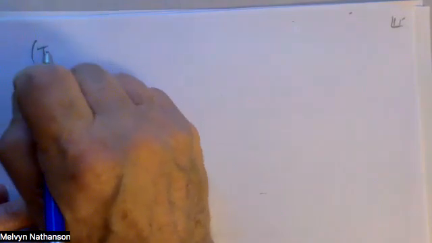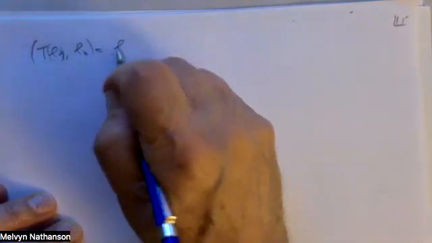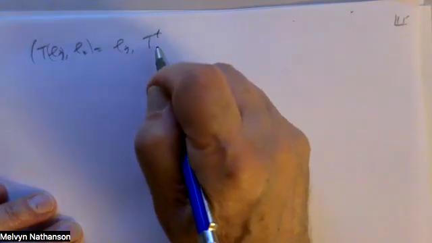the inner product of T of Ej with Ek equals the inner product of Ej with the transpose of T applied to Ek.